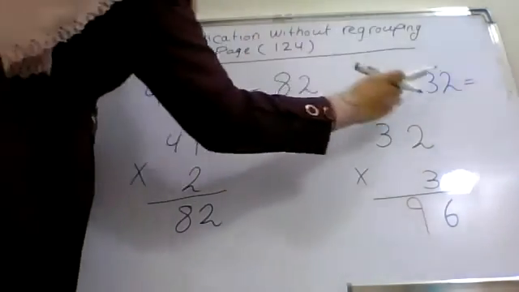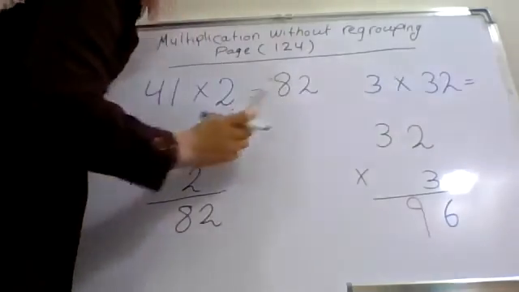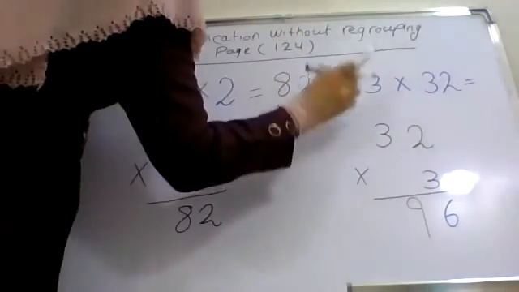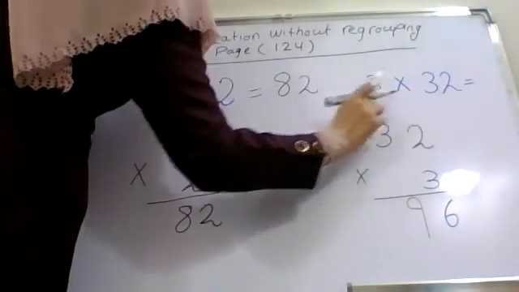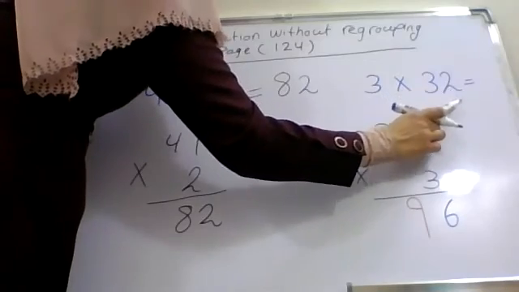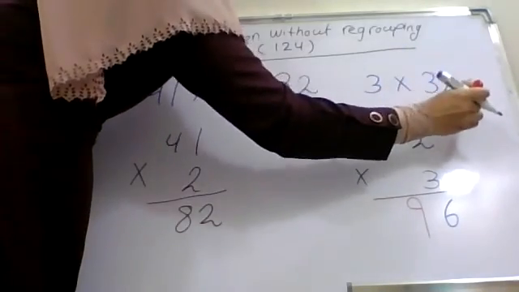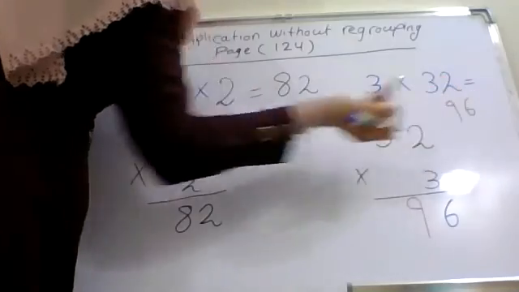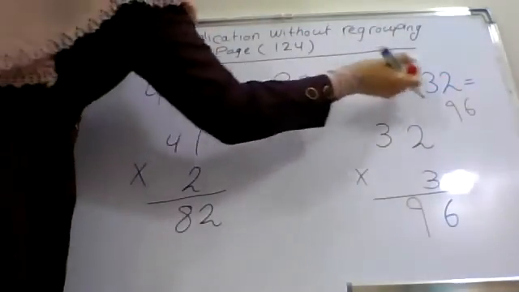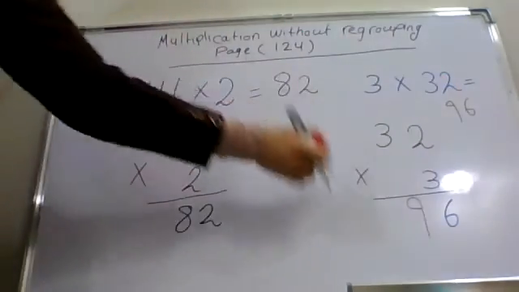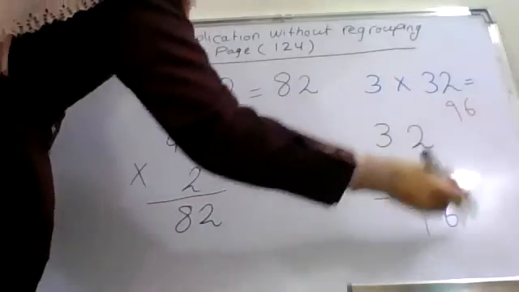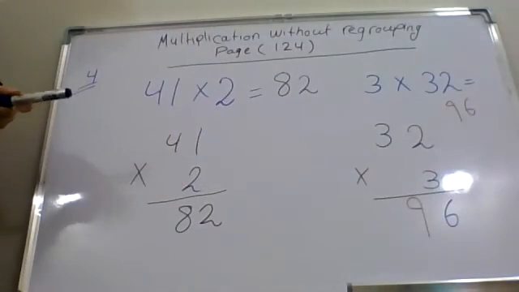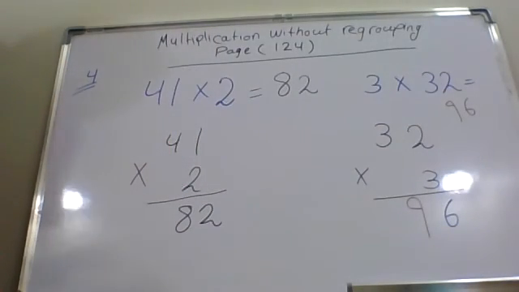If these numbers are very small, you can multiply them directly in your mind. You say, I repeat the 2 three times, 2 plus 2 plus 2, it's 6 directly, okay? I repeat the 3 three times, it's 9. No need for the long way. You have to learn this way, but you're not supposed to use it all the time for the simple ones. You need to use it for the hard ones, okay?